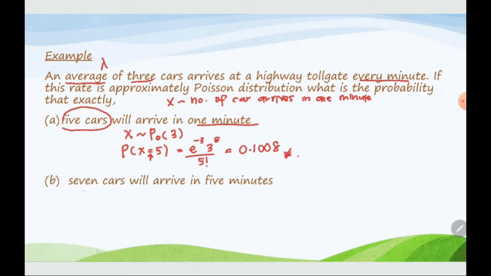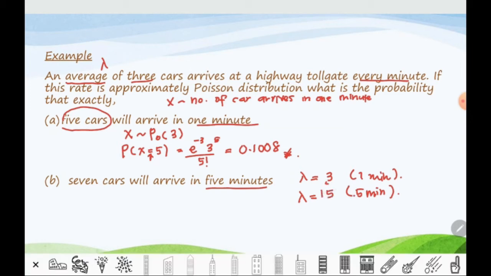And then B, 7 cars will arrive in 5 minutes. We know that in 1 minute lambda is 3. But the question here states 5 minutes, so we need to find the new lambda for 5 minutes. You need to multiply 3 by 5, so we got 15.